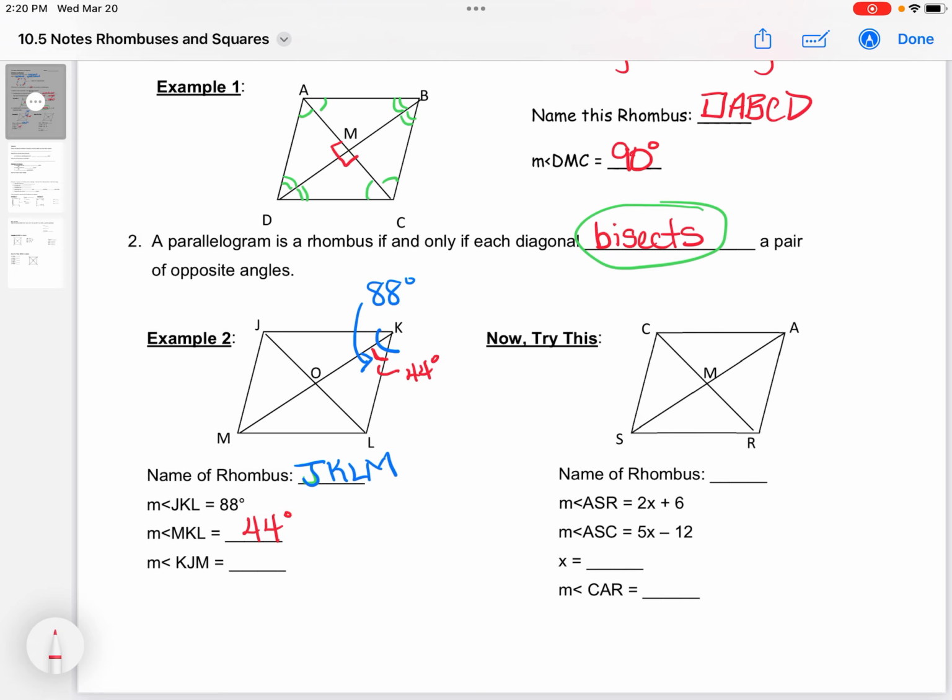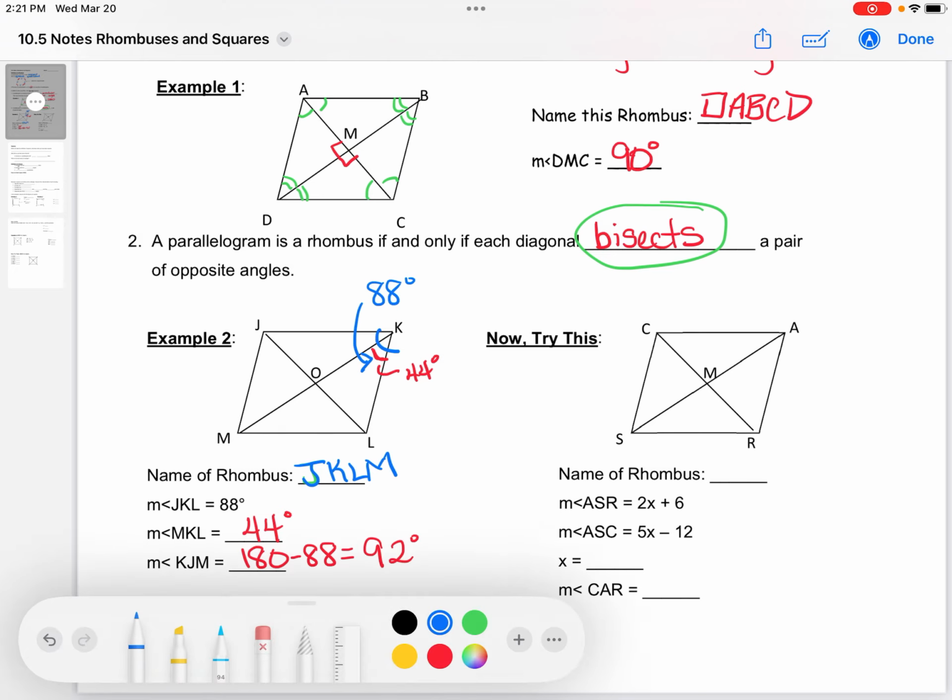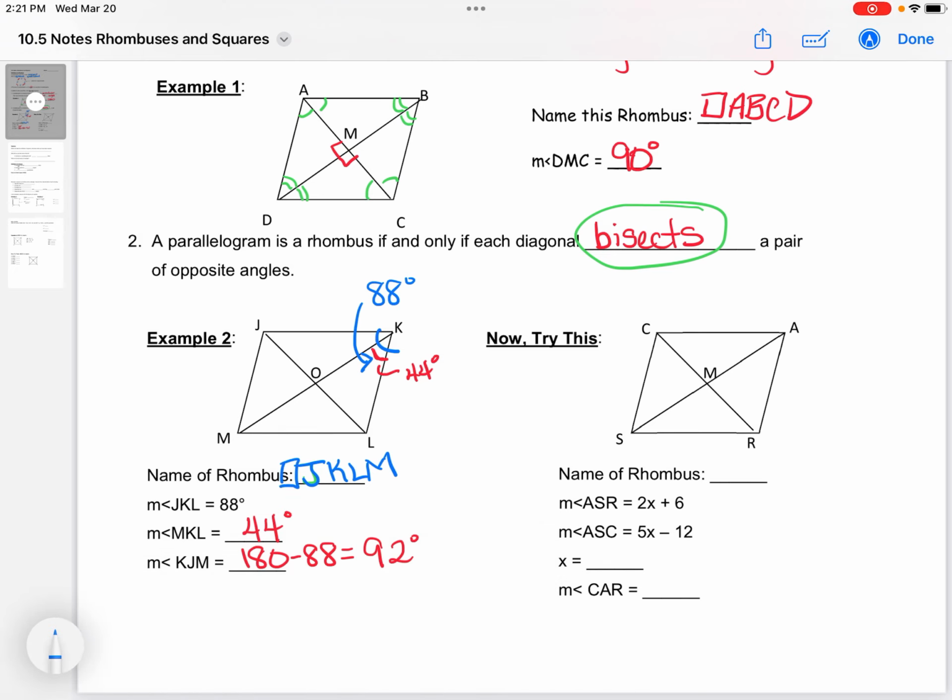And KJM is going to be 180 minus 88, which is going to be 92. Alrighty. And I always forget, we should put the little square in front of JKLM.